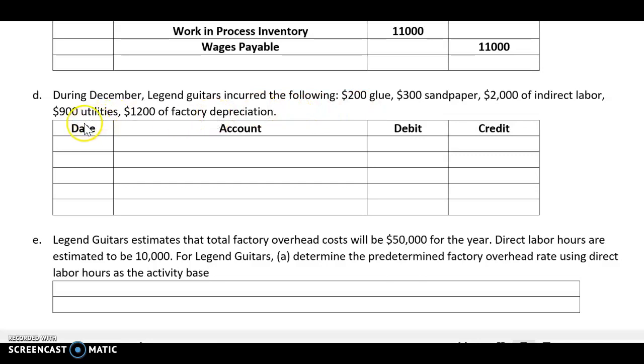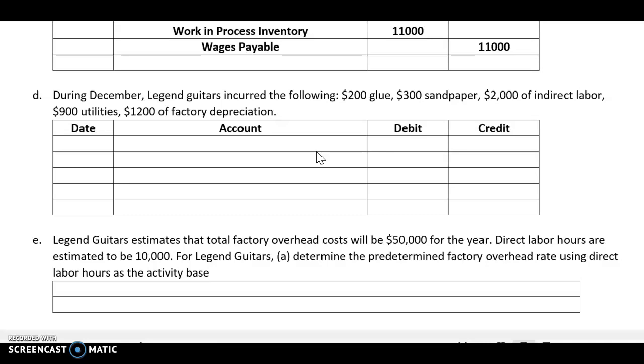All right, during December, Legend Guitars incurred the following: $200 glue, $300 sandpaper, $2,000 of indirect labor, $900 of utilities, and $1,200 of factory depreciation. So this glue and sandpaper, I wasn't able to tell what job they went to, so that's indirect. The utilities is assumed to be factory, and so is the depreciation. So all of this is factory overhead, which I'll later apply to a specific job through allocation.